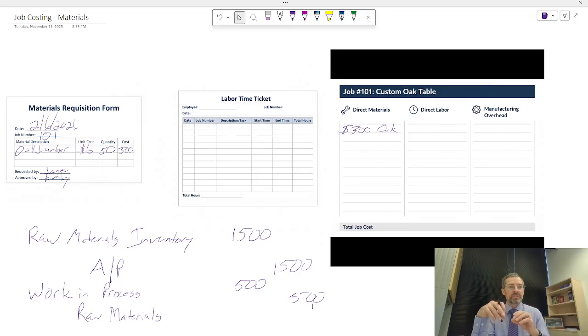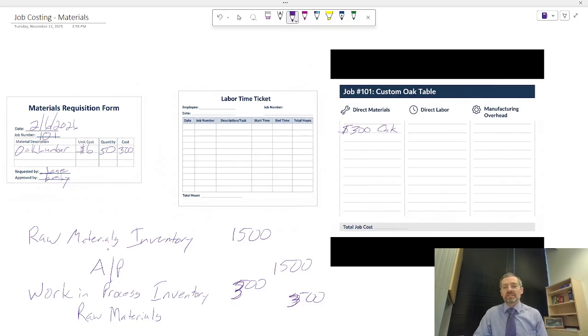So we credit raw materials and put it in work in process inventory for the amount that it was. I think I accidentally put $500. It was supposed to be $300 there. So just a mistake there. So the job cost sheet should match what we put in the journal entry.